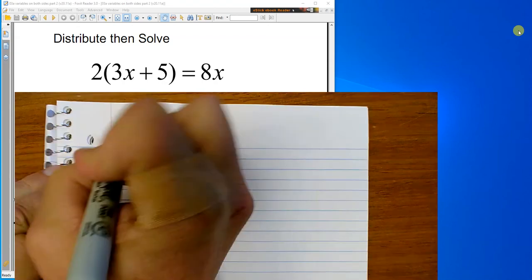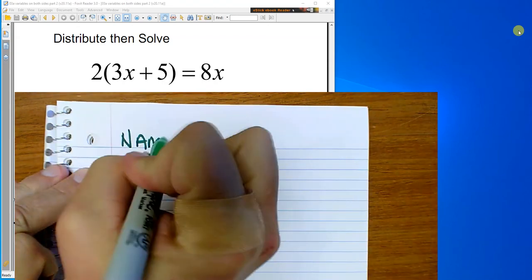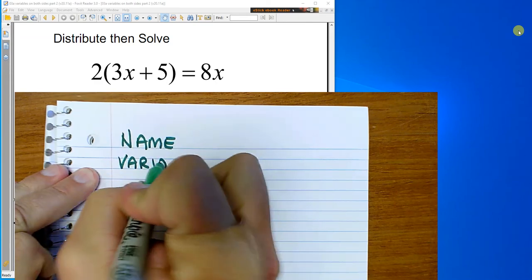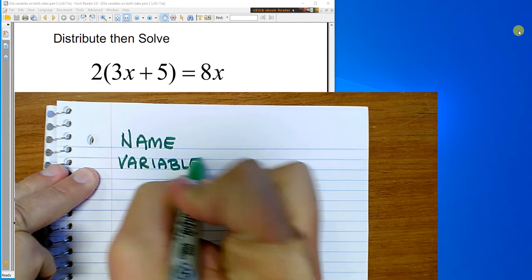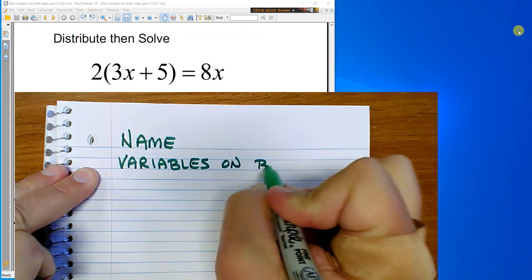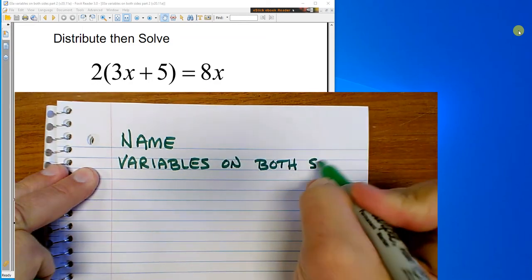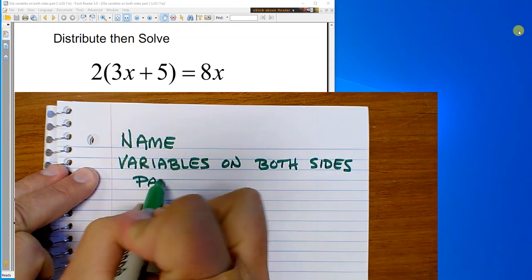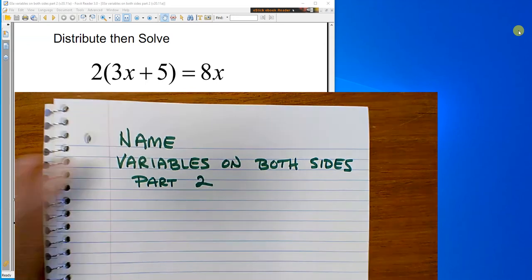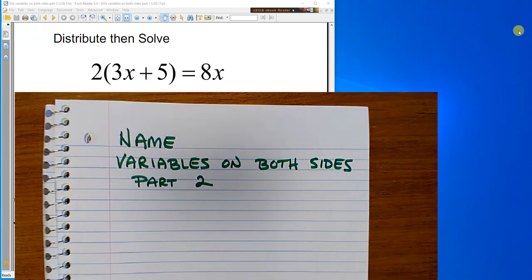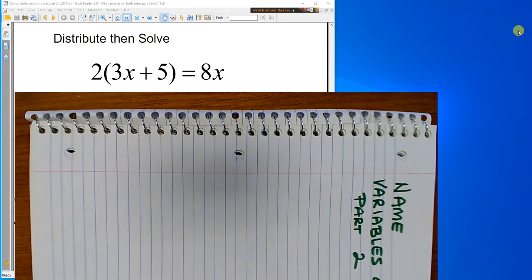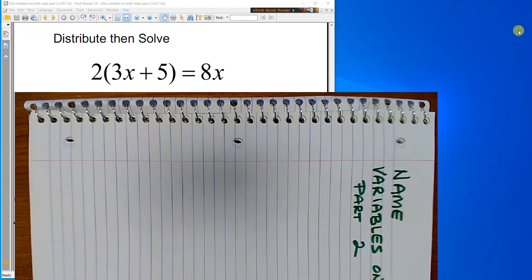Here we go with our notes. Name. And we'll start with a flow map.